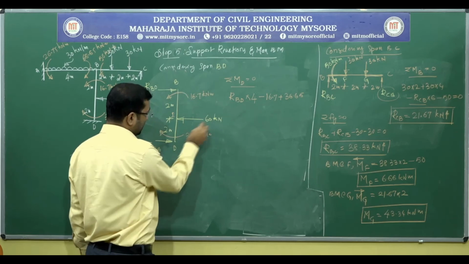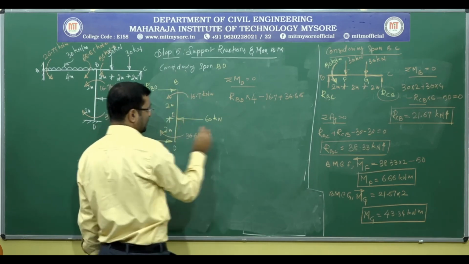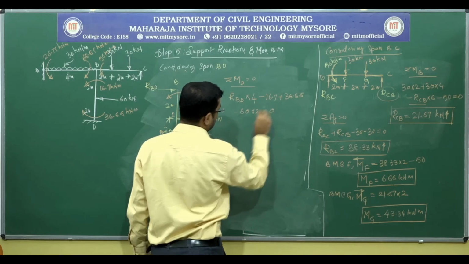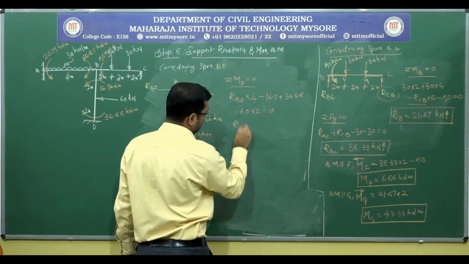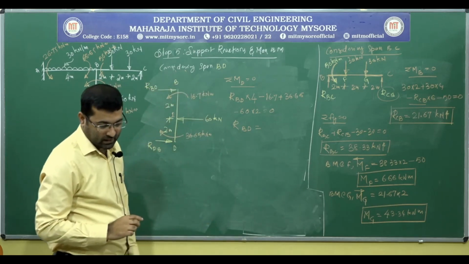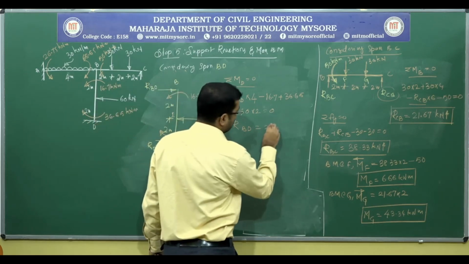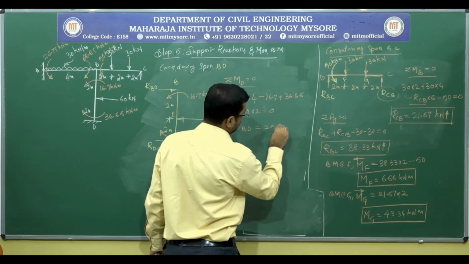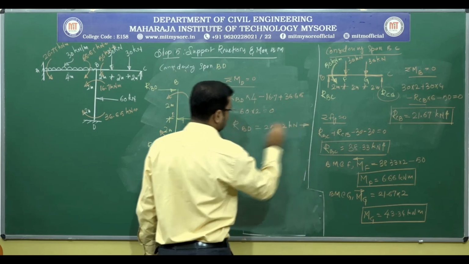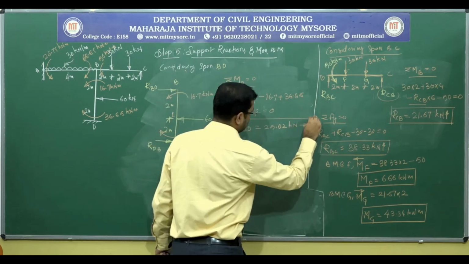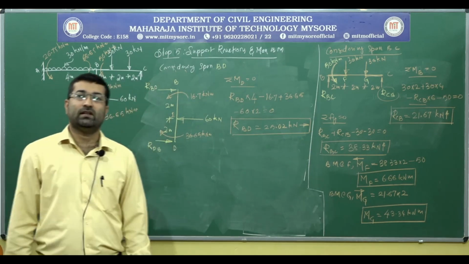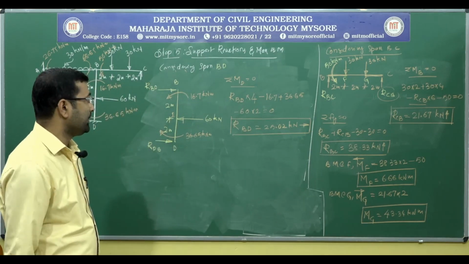With respect to D, this 60 kilonewton is creating an anticlockwise moment, so it is 60 into 2, equating it to 0. From this, if I solve, I will get RBD as 25.02 kilonewtons acting in the positive x direction. So this is the value of RBD.